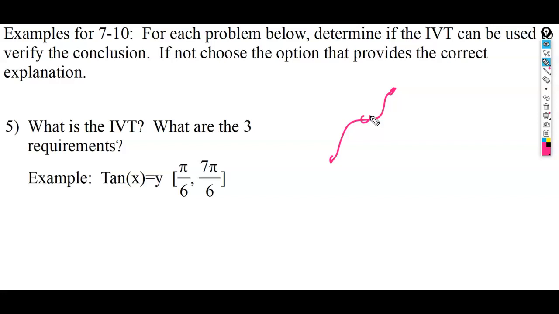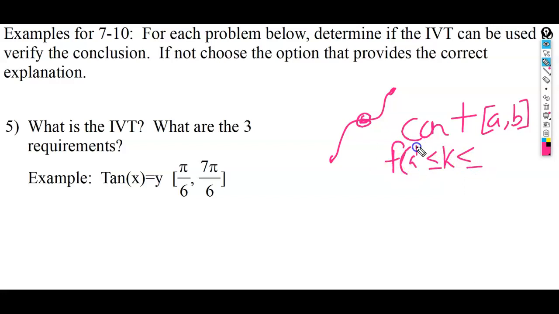First of all, it has to be continuous. And it has to be continuous on the closed interval. Second of all, the value that we're trying to get it to equal has to actually be between the endpoints.